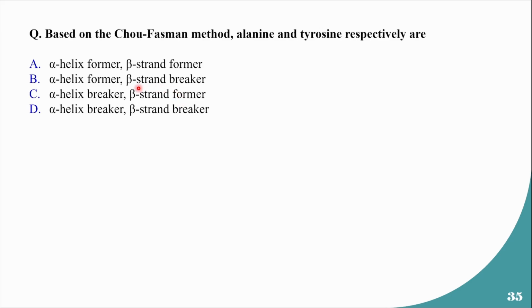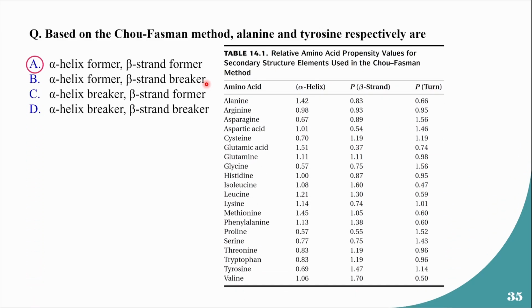If it is mentioned as a breaker, it essentially means that for that particular secondary structure, for example here in beta strand, it will have much lower propensity. So if that residue was somehow introduced here, it would probably break the secondary structure, right? So in the Chou-Fasman method, what are the calculated propensity values here?